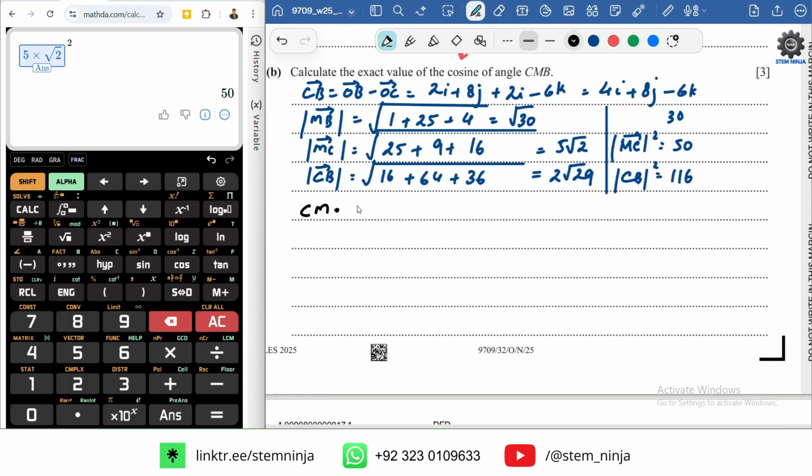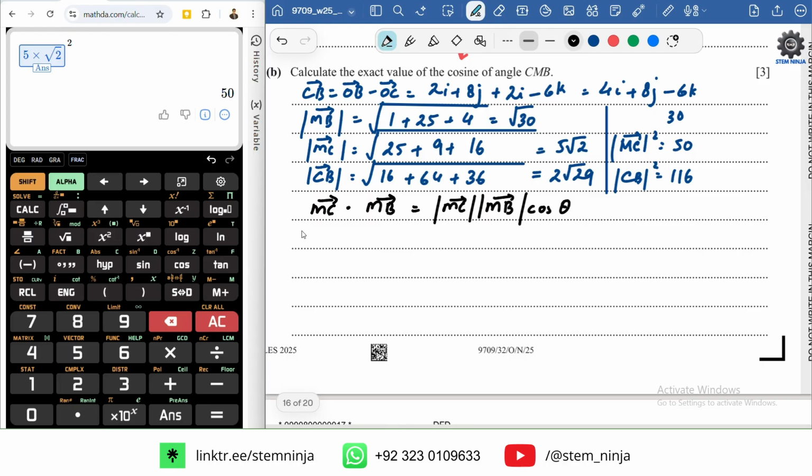So CM dot BM is equal to, or MC basically, either way, mod of MC mod of MB cosine of theta.